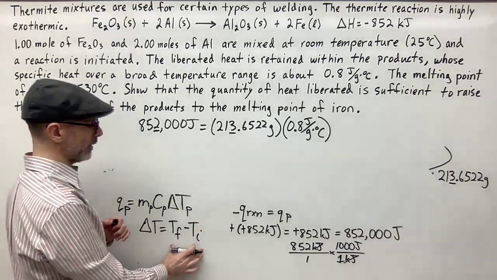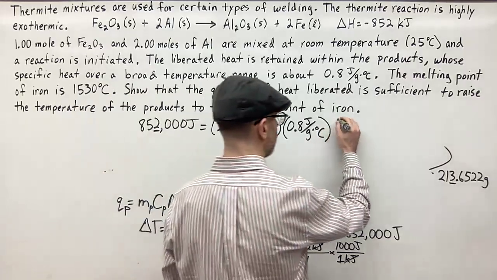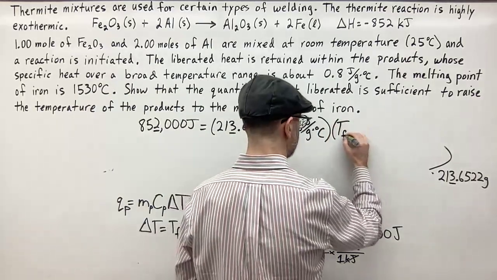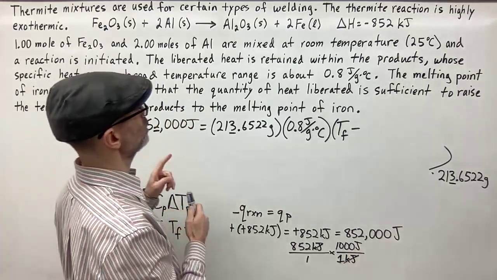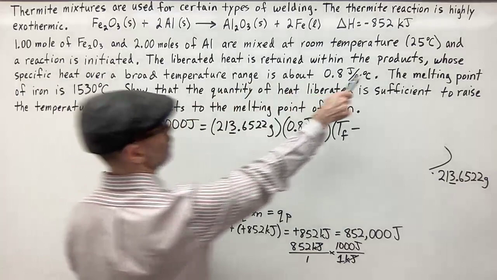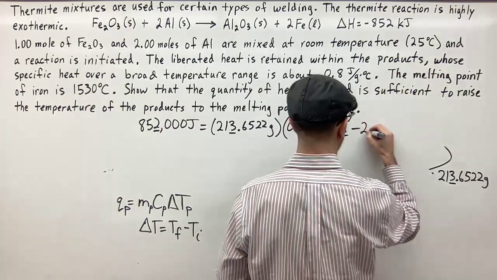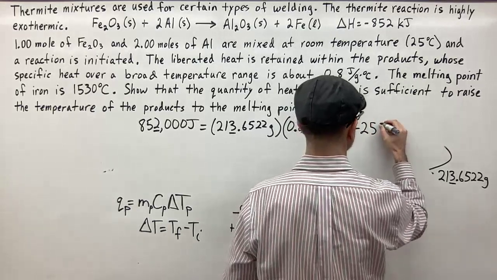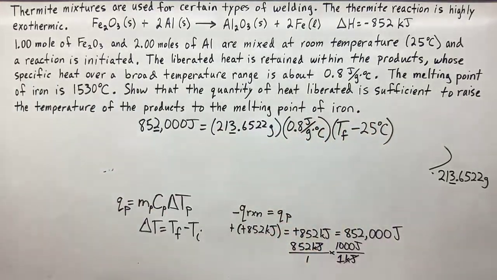So we're going to substitute that in for this. So then we're going to have final temperature minus the initial temperature, which we're told is, where is it? 25 degrees. There it is, 25 degrees Celsius. So that's going to be 25 degrees Celsius. Let me make sure that's correct.